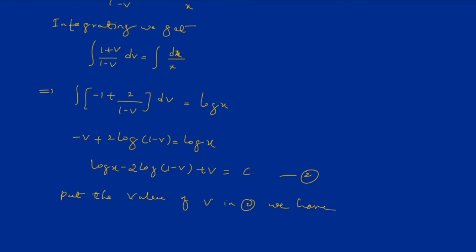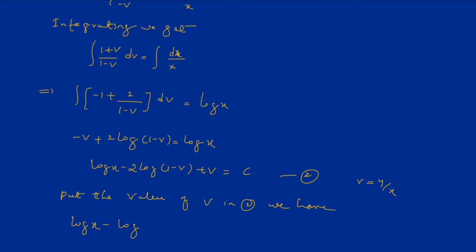Then we have log x minus, if 2 is taken to the numerator, it becomes log of (1 minus v), just substituting the value of v equals y by x, right?